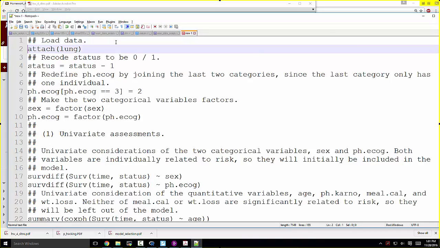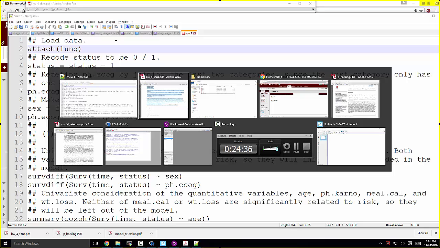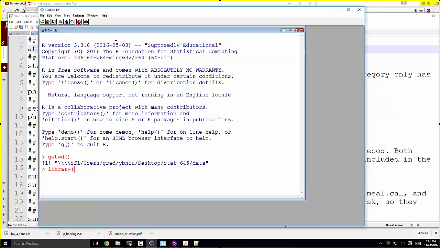Okay, let's work our way through this and talk about it. I need to library survival.